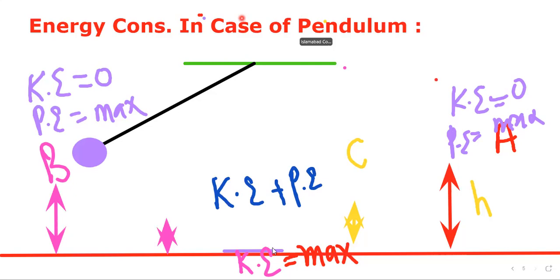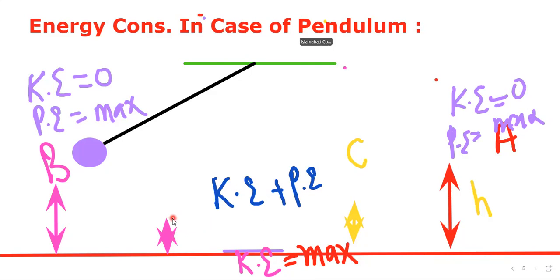When the pendulum moves from mean position towards extreme position, its height increases. It means its potential energy increases. At mean position the kinetic energy of the pendulum is maximum, which decreases with the passage of time.